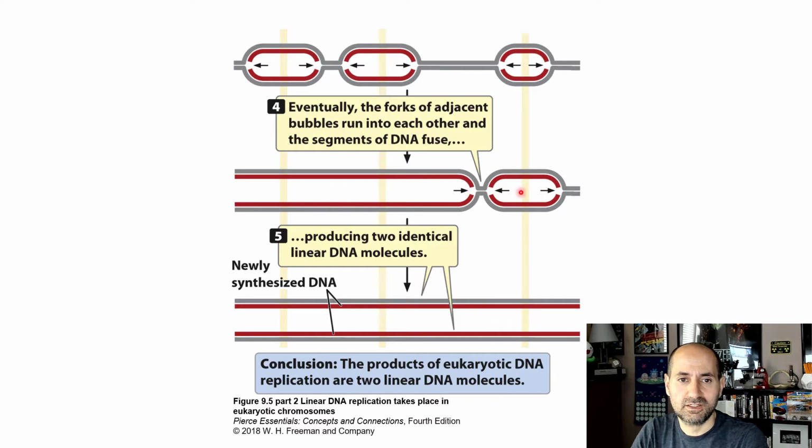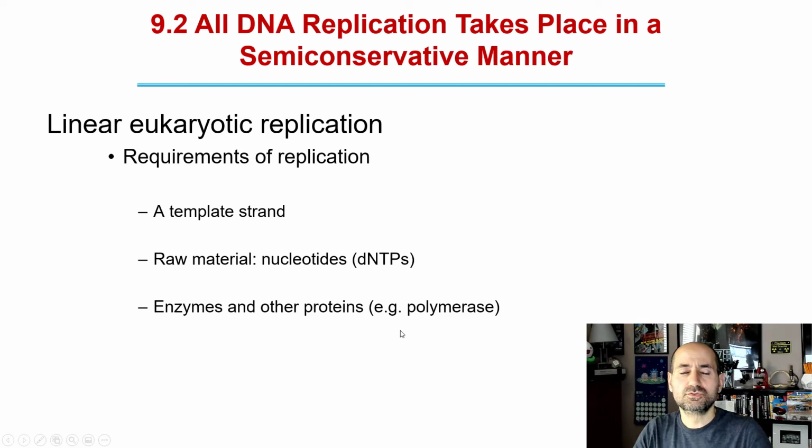And this is how it becomes complete, producing two identical complete linear DNA molecules. So conclusion here would be the products of eukaryotic DNA replication are two linear DNA molecules. You see that? There's just so much DNA in a eukaryote, you can't have just one origin of replication and finish any day soon. And what do you need for replication?